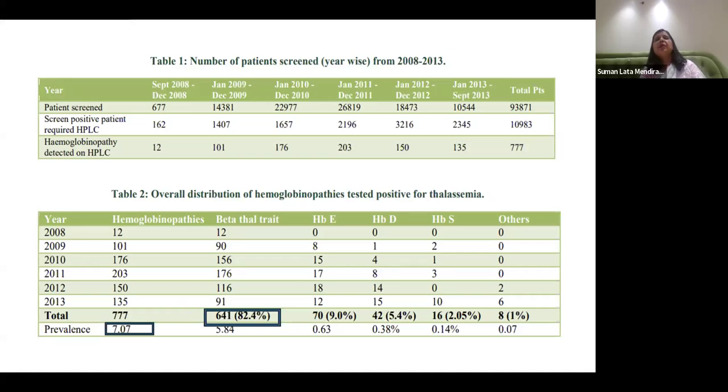Various hemoglobinopathies were detected in 777 patients. Among these, beta thalassemia trait was 82.4%, with a prevalence of 5.84%, HbE 7.9%, HbD 5.4%, and HbS 2.05%.